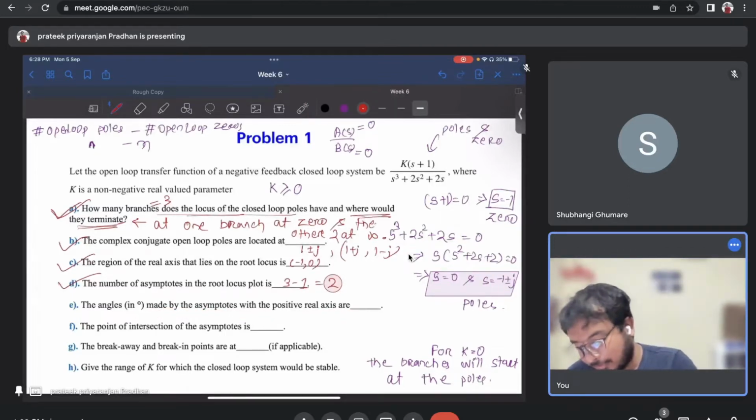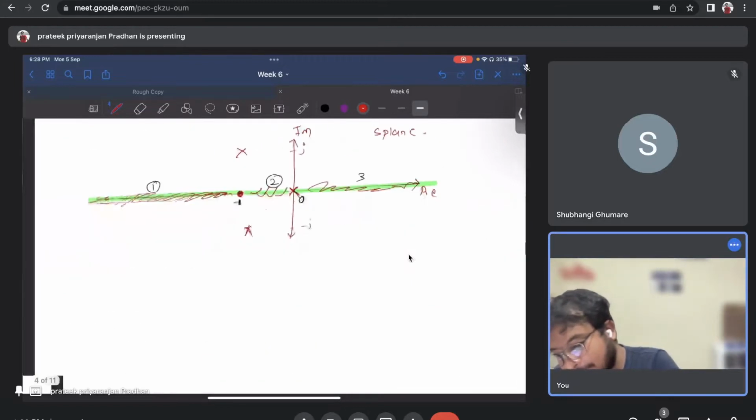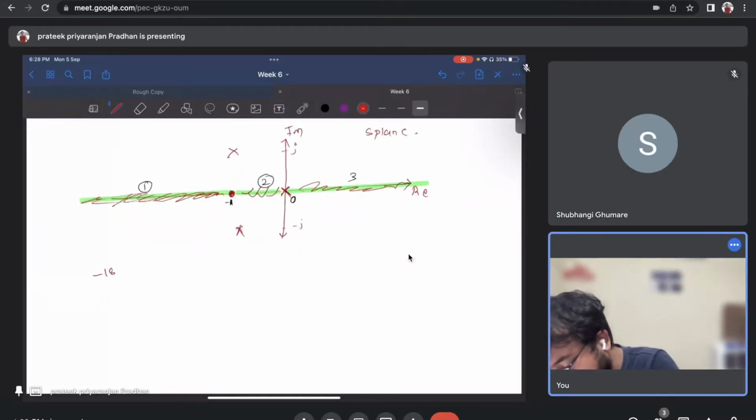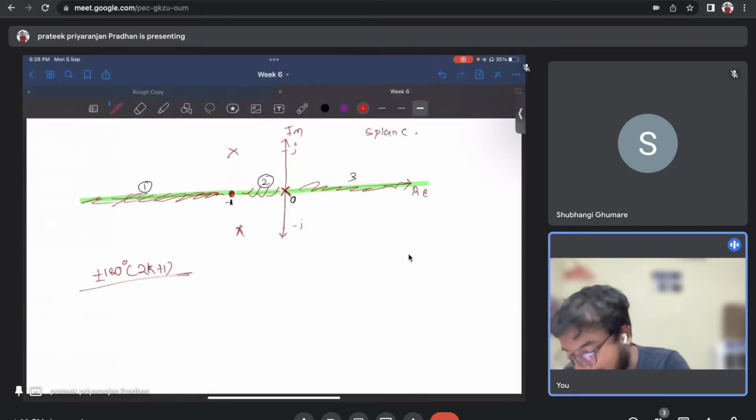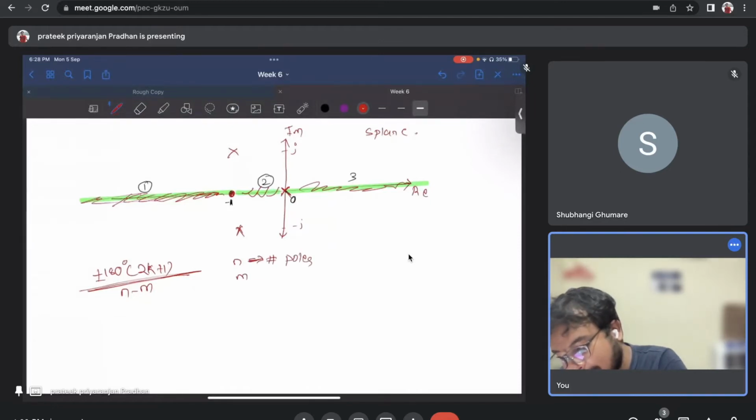The formula for the angle of the asymptotes is plus or minus 180 degree into 2k plus 1, divided by n minus m, where n is the number of poles and m is the number of zeros.